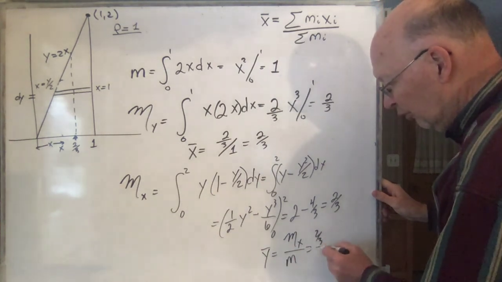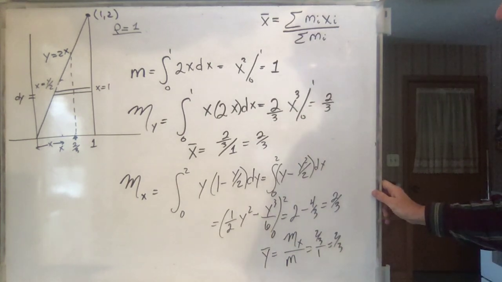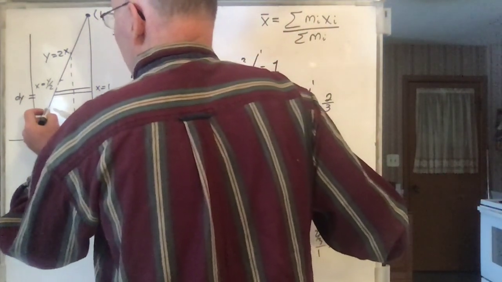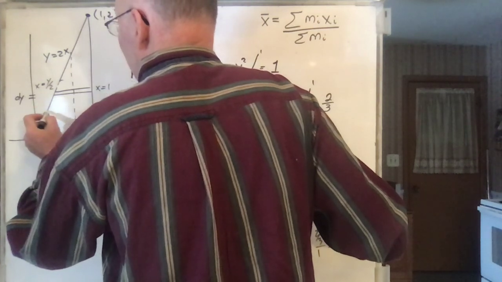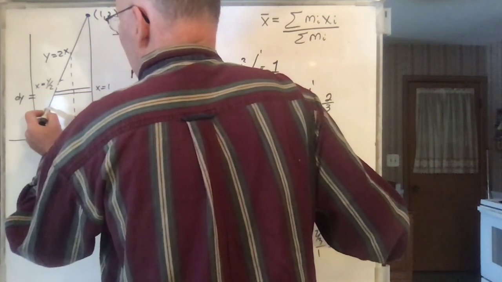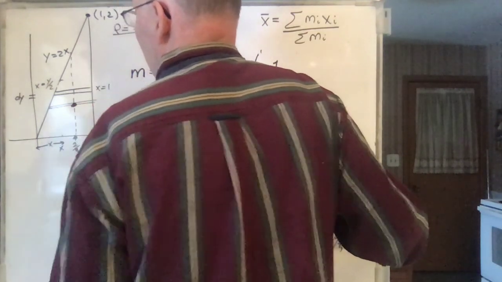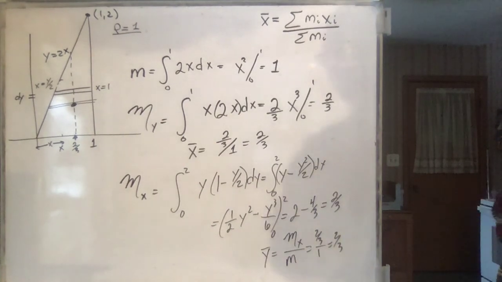So it's 2/3 over 1, which is again 2/3. So they both end up being 2/3. So 2/3, 2/3. How interesting. So there you are. 2/3, 2/3 is going to be where that thing would balance.